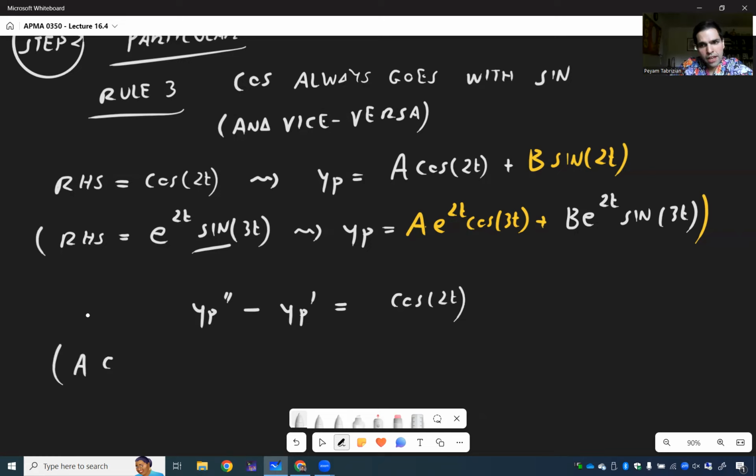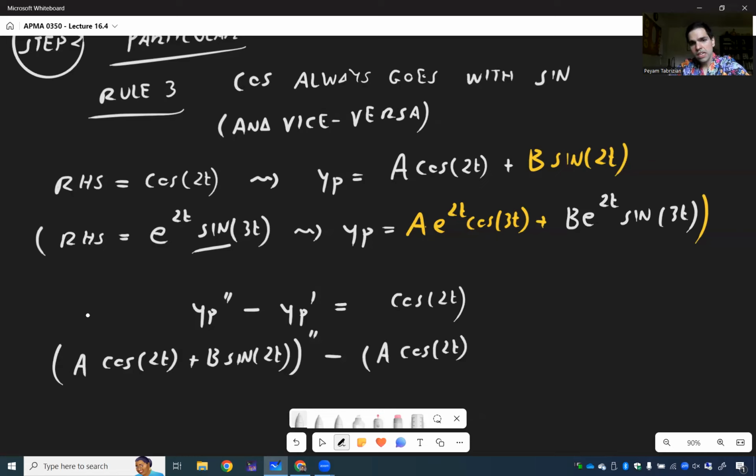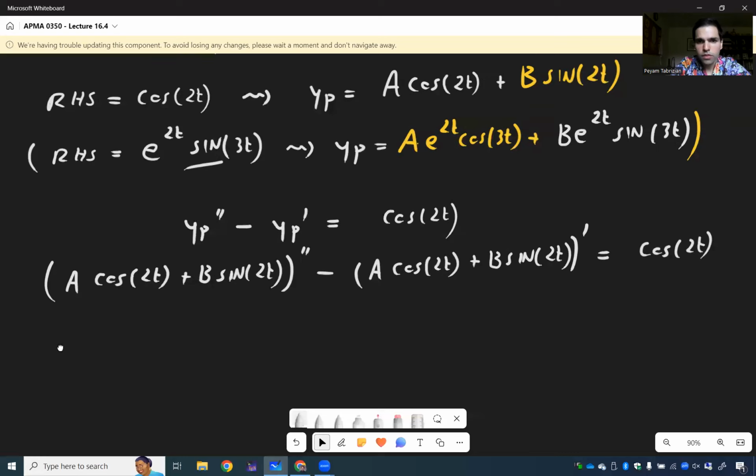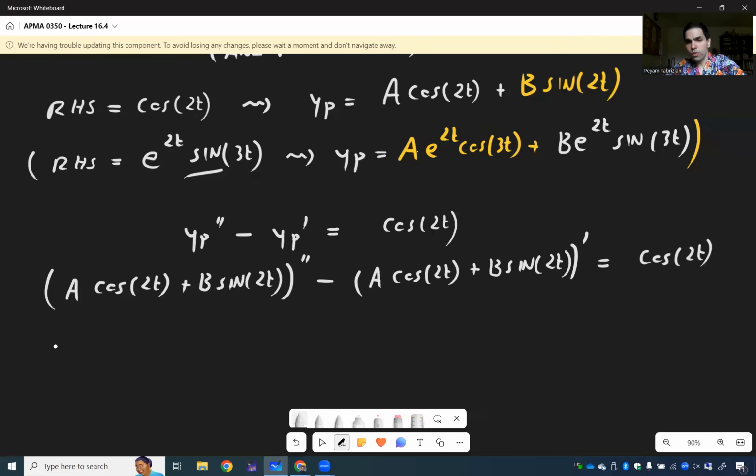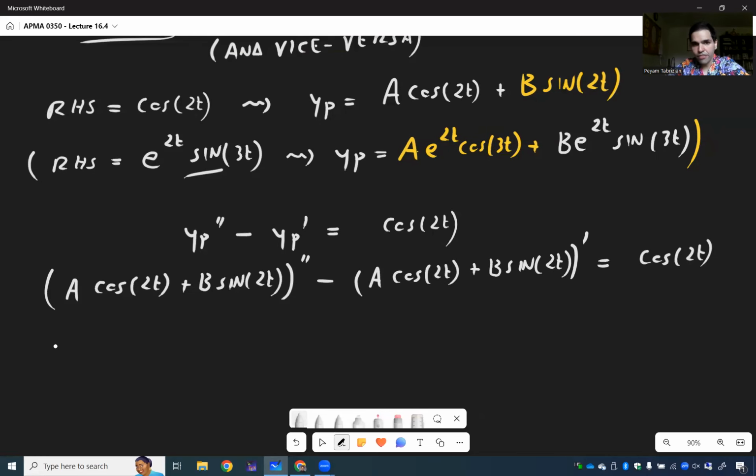So (a cosine of 2t plus b sine of 2t) double prime minus (a cosine of 2t plus b sine of 2t) prime equals cosine of 2t. Okay, so let's start with the first derivative, since it's a bit easier to differentiate.